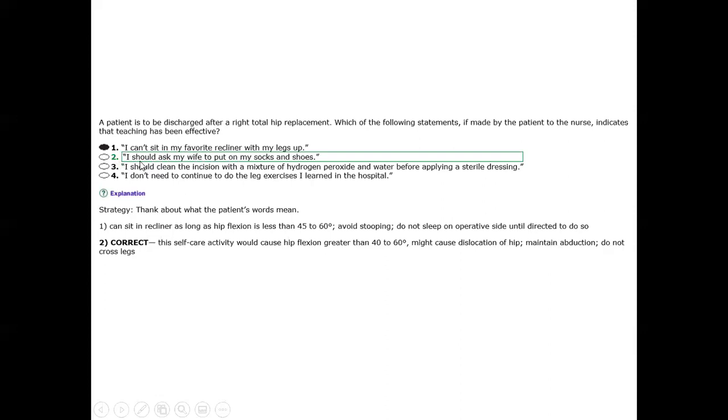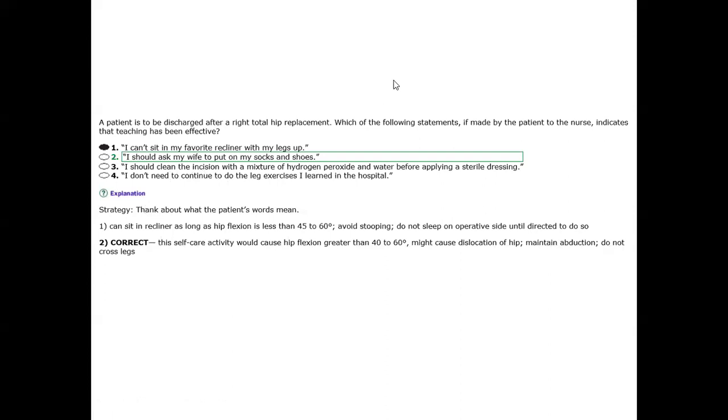Out of 4, which one is correct after total hip replacement? Number 3, I should clean the incision with a mixture of hydrogen peroxide. And number 4, I do not need to continue to do the leg exercises I learned in the hospital.